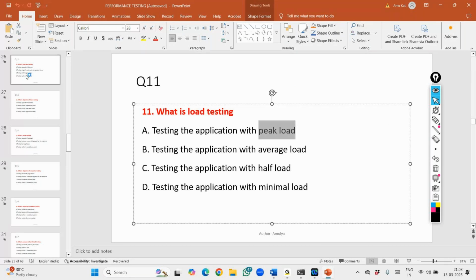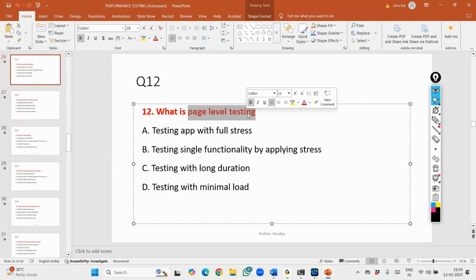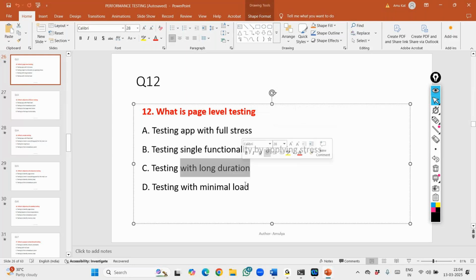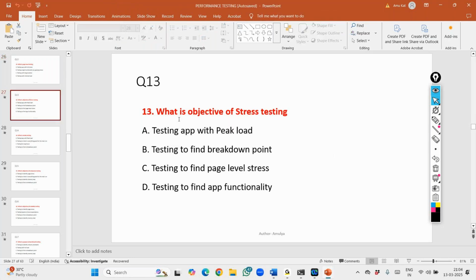Okay, moving to next question. Page level testing. Testing with full stress, testing for longer duration. B. Yes, here we are testing the single functionality by applying stress. Moving to next.